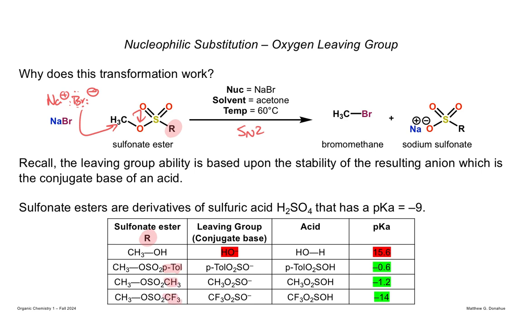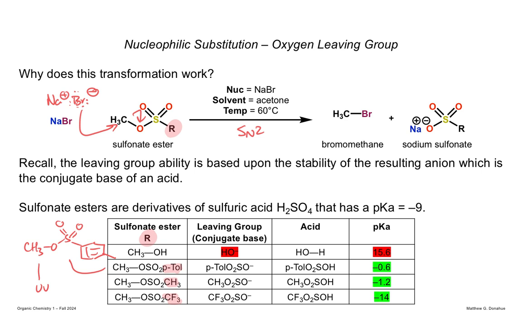And I guess I'll just draw those out so we can see what they look like. So that's the first one, that P tall. So the R in that case has a benzene ring that's substituted with a methyl group. The reason that this would be used, practically speaking, have you guys done thin layer chromatography?